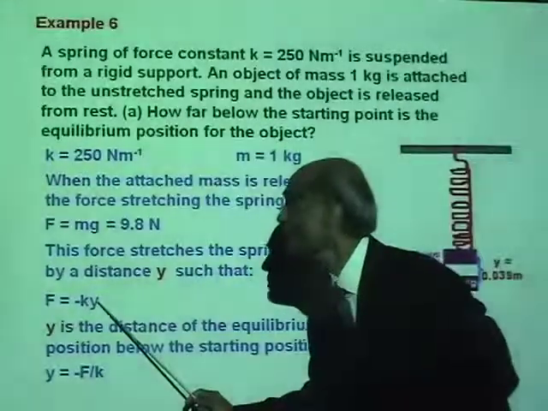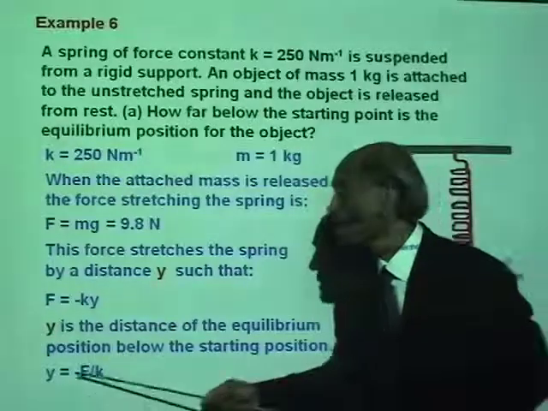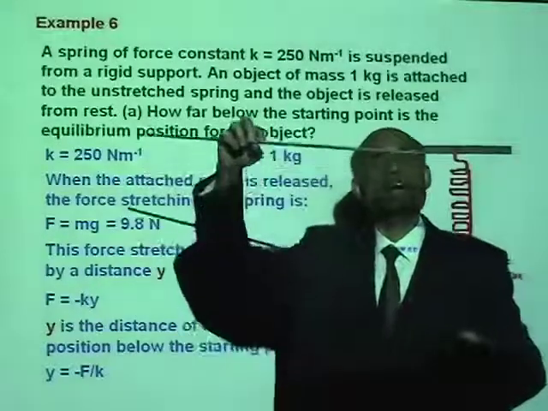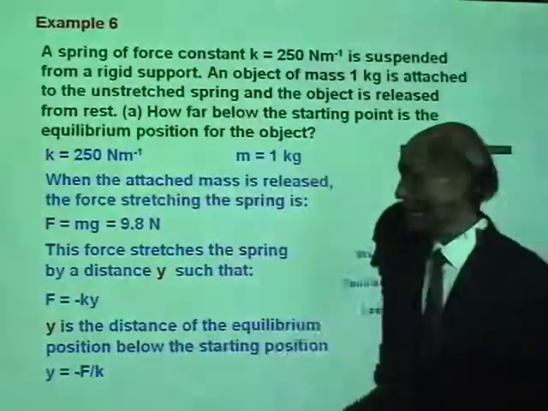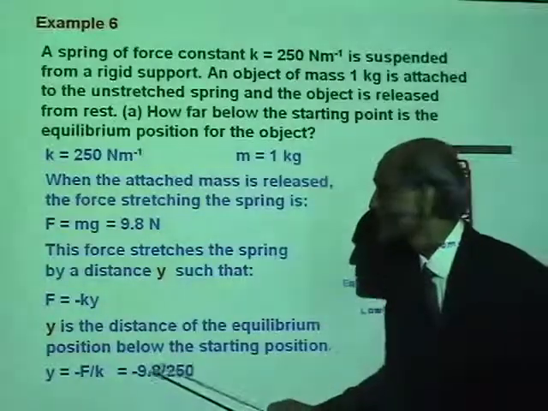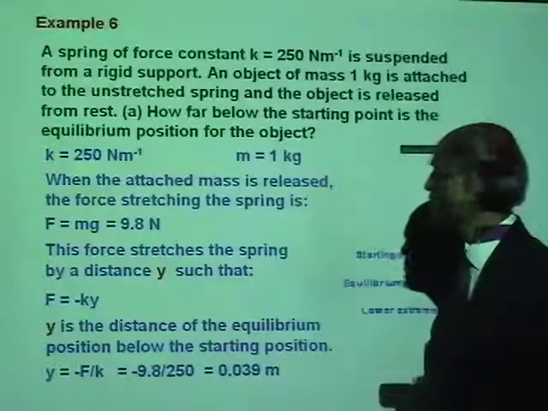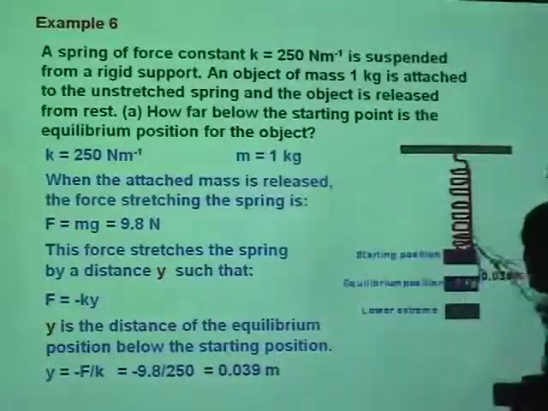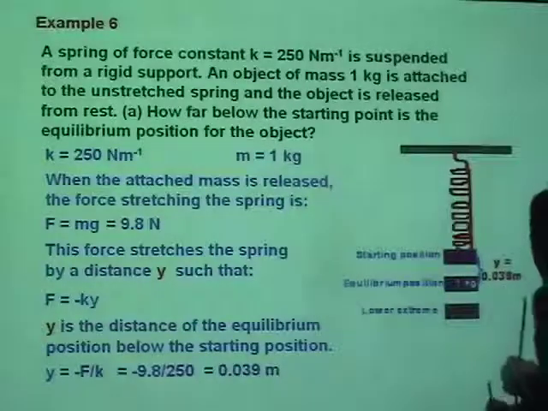Therefore, y equal to F divided by k. Even if you use the negative sign, it will indicate that the distance is measured downward. So y equal to 9.8 divided by 250, that is 0.039 meter. So this distance is 0.039 meter.